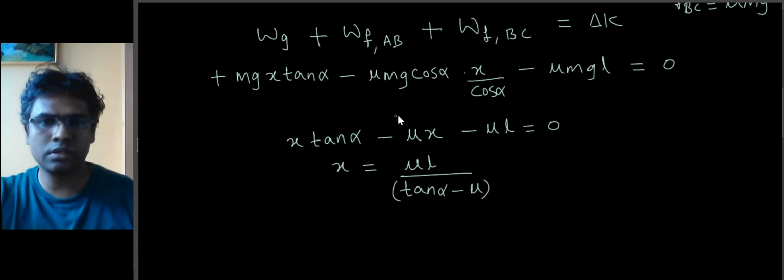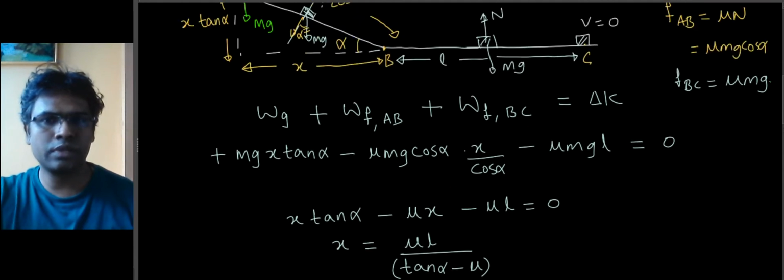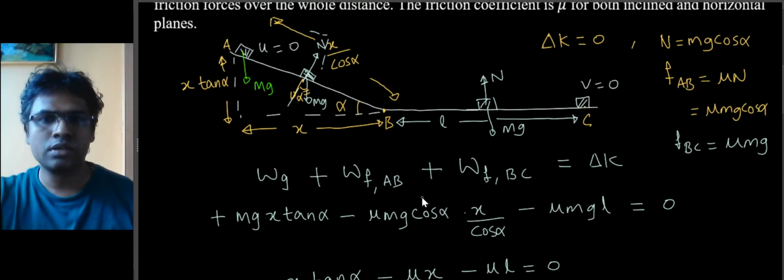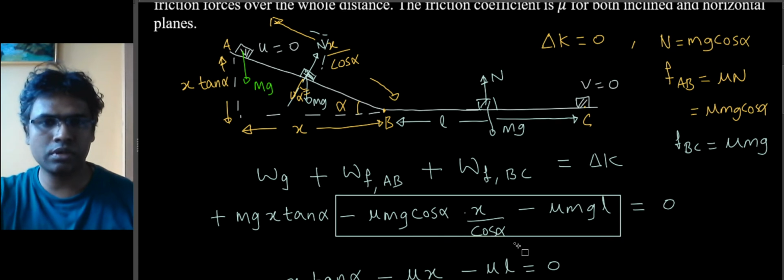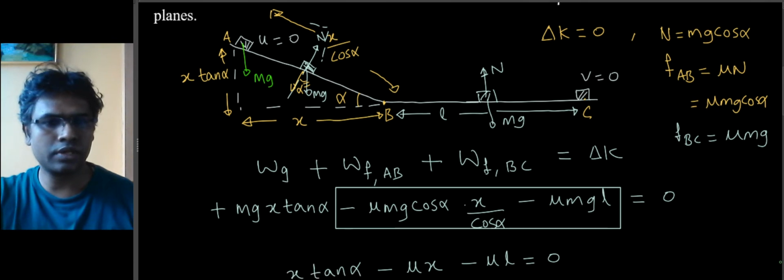So that is the projected length of the incline horizontally. Now if I look at the work done by friction, all I have to do is consider this part, and then just substitute x here. So let's do that.